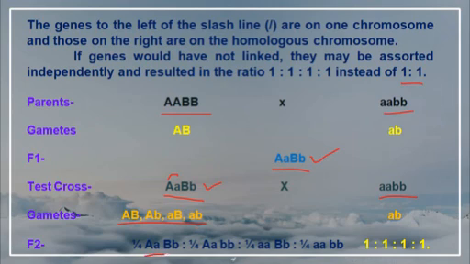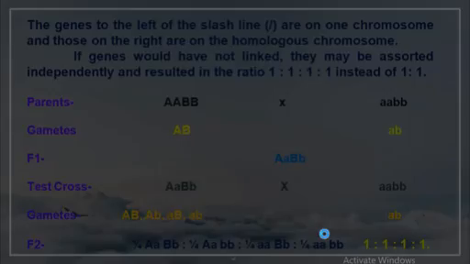So see here, these two are like the parents, and the remaining two are intermediate to the parents. So this is known as independent assortment, which is clearly different from linkage.